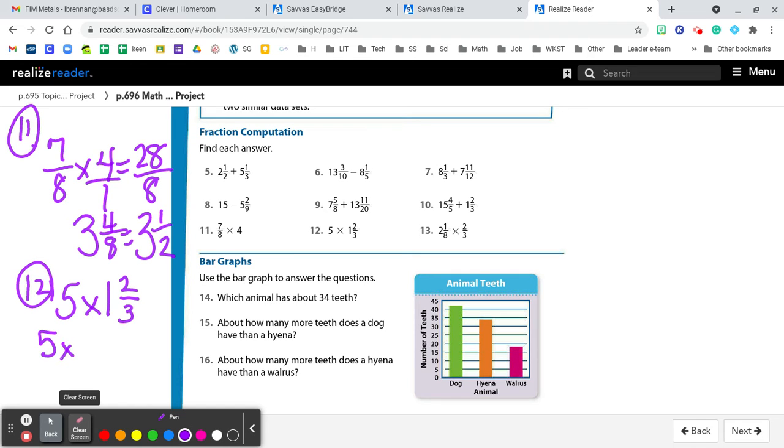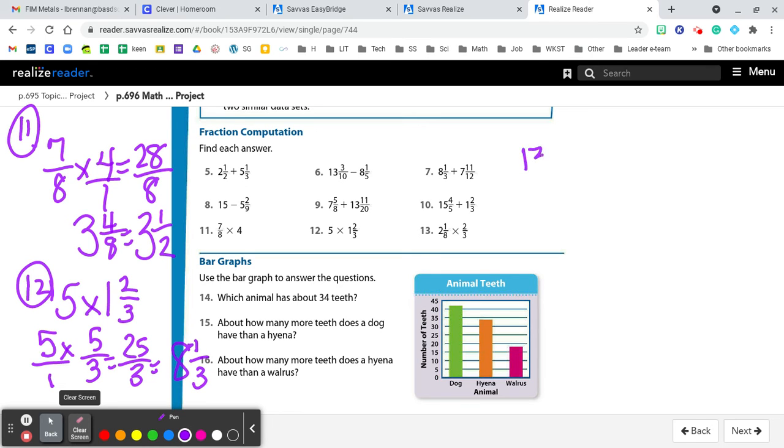Keep my 5. I'm going to turn 1 2/3 into an improper fraction. Then I can multiply 25/3, which will equal 8 1/3.